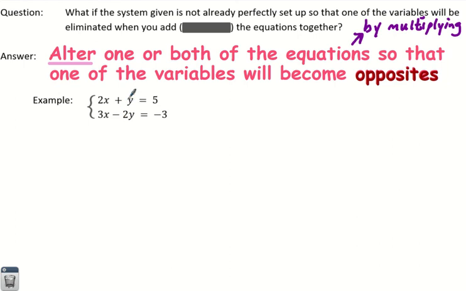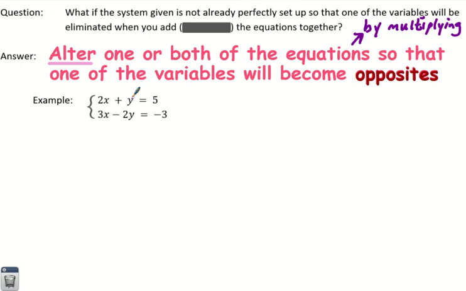Now, I could change this 1y into something else, or I could change this negative 2y into something else, or I could change them both into something else, as long as after I do this, they are opposites of each other. You know what I mean? So again, what would be the least amount of work?